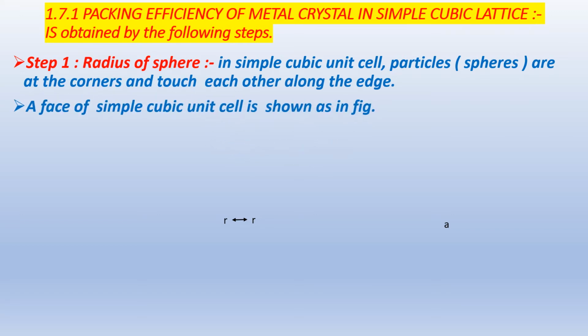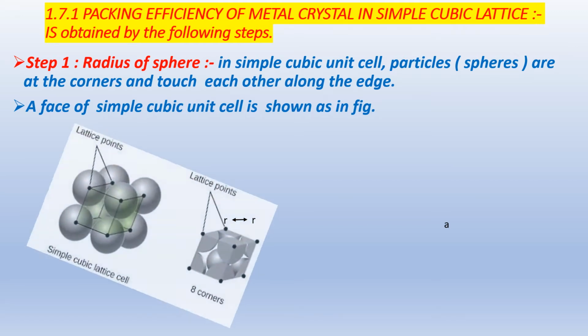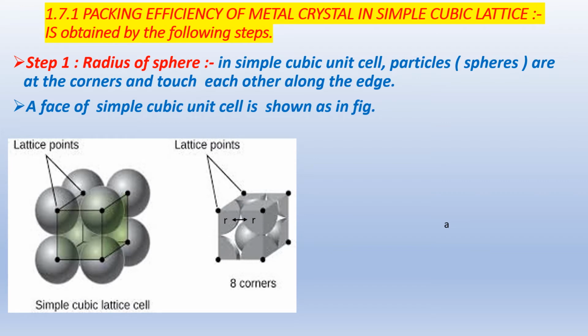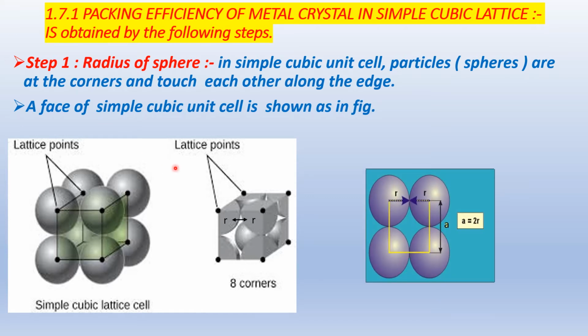A face of the simple cubic unit cell is shown in the figure. There are 8 corners having 8 lattice points. In the second diagram, you see the distance between the two spheres, r1 and r2, is the total length. A is the length, A is equal to twice r.